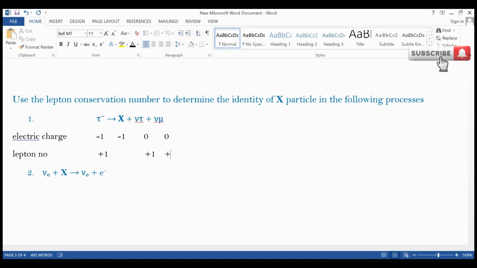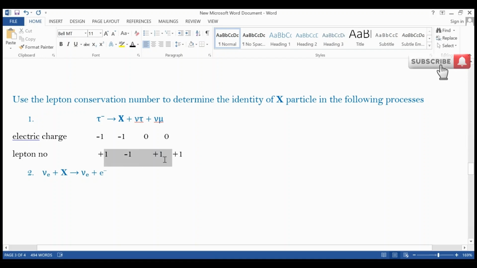And mu neutrino will be positive 1. Now, on the product side we have positive 1, and on the reactant side this is plus 1. Wait a second. In order to conserve the lepton number, there should be minus 1, so that minus 1 and plus 1 cancel each other, and we will have plus 1 and plus 1 on both sides. So lepton number would be conserved.